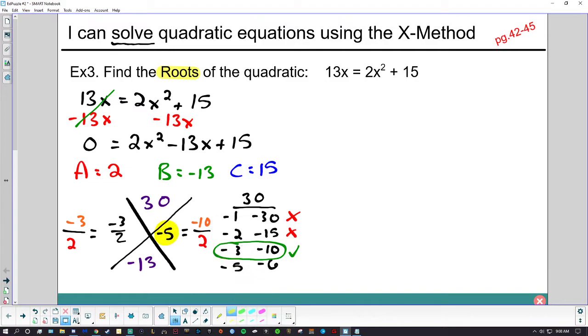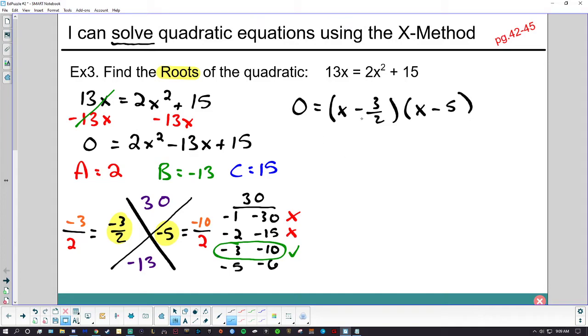Now that we have these simplified mystery numbers by dividing them by our a value and simplifying the fraction, we can start to write our factored form. So type an answer to the question, what is factored form going to look like? Okay, so when I write factored form, I start by writing 0 equals, we have x minus 3/2 times x minus 5.